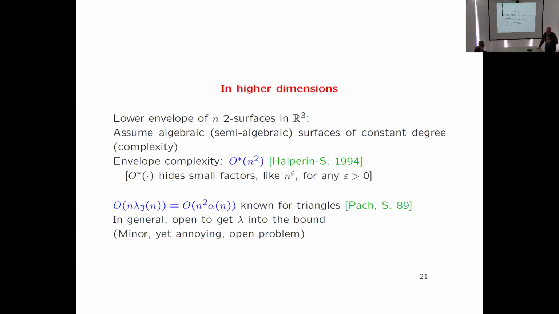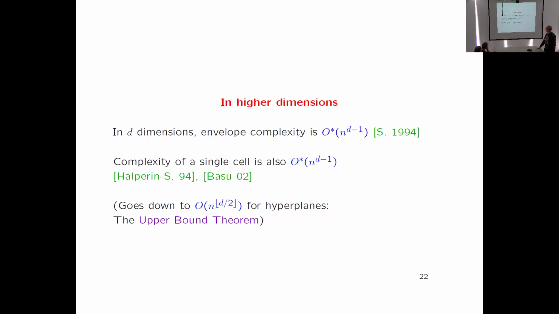We only have this near quadratic bound, and in higher dimensions, the envelope complexity is n to the d minus 1, instead of n to the d, which would be the complexity of the full arrangement, so we gain one order of magnitude, so to speak. The complexity of a single cell, which is much more complicated to analyze, is also n to the d minus 1, shown in a paper with Dani, and then Basu extended it to n dimensions.